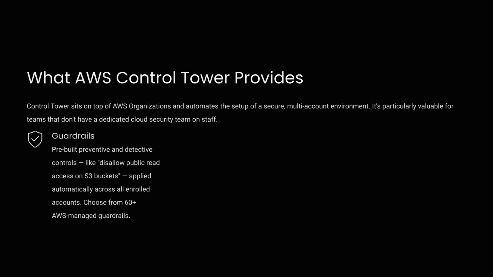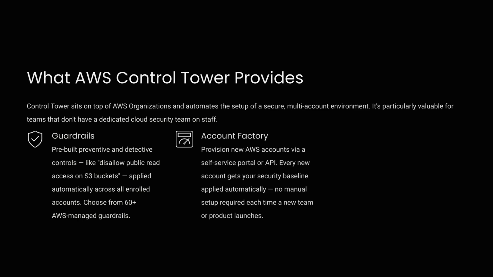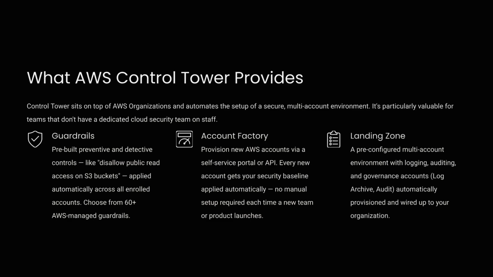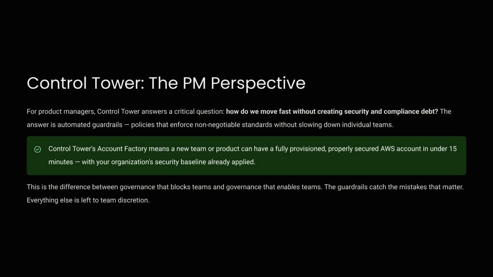It includes guardrails, which are pre-built preventative and detective controls, Account Factory for provisioning new baseline compliant accounts, and a landing zone, which is a pre-configured environment with automatic logging and auditing. From a product manager's perspective, Control Tower answers how to move fast without creating security and compliance debt. The Account Factory allows a new team or product to get a fully secured AWS account in under 15 minutes, accelerating their launch.